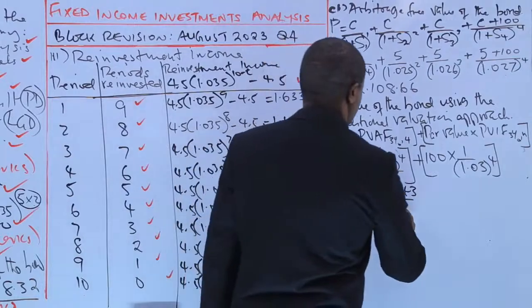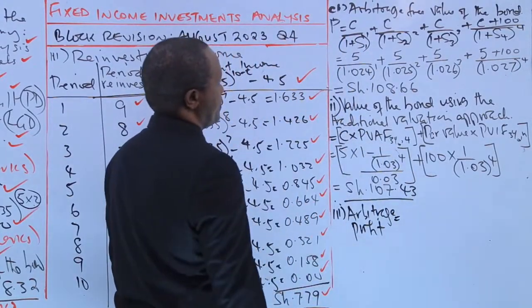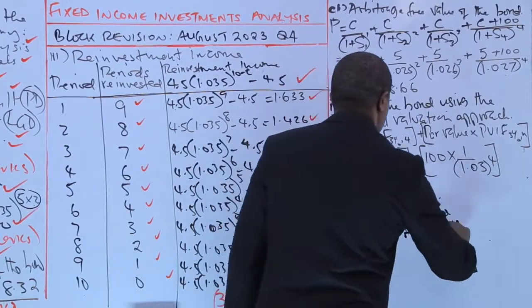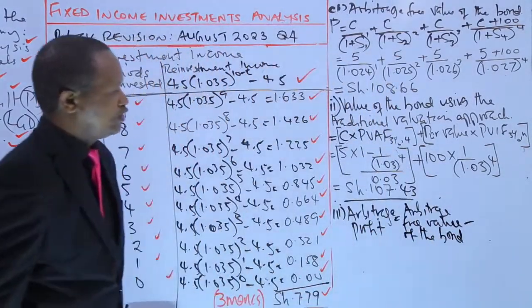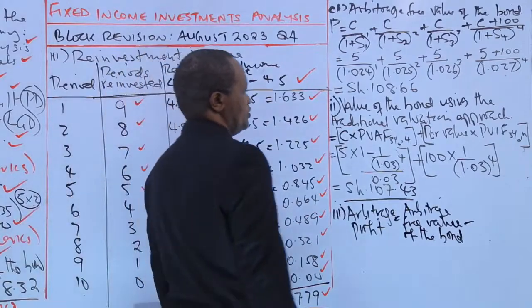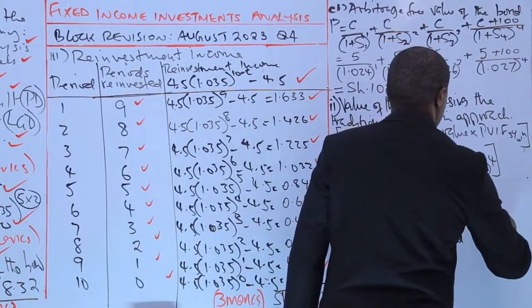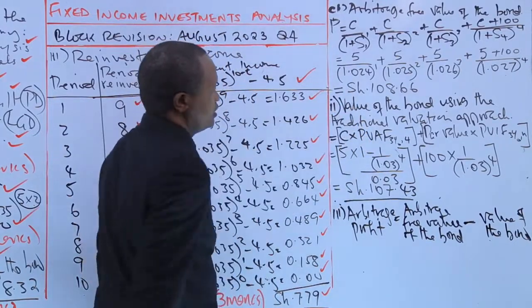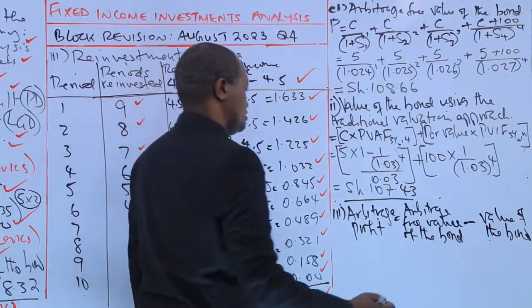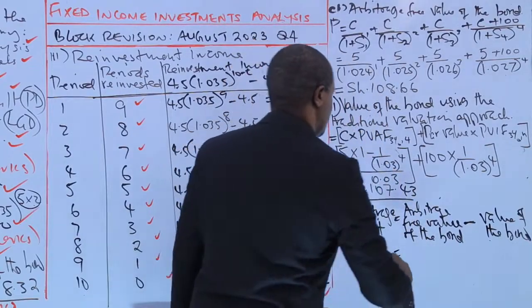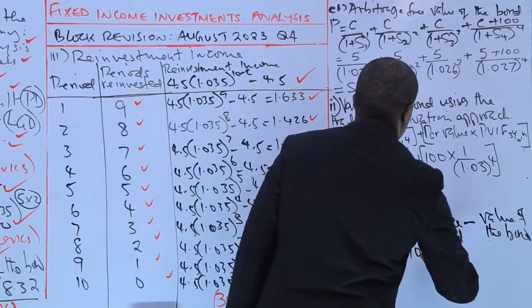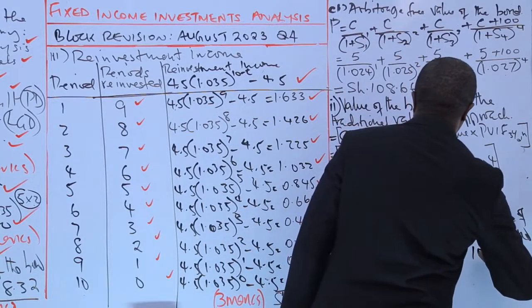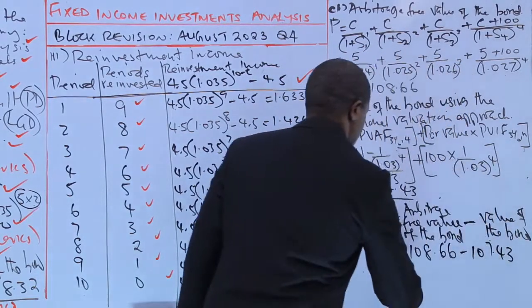So this will be equal to the arbitrage free value of the bond minus the value of the bond, which is equal to 108.66 minus 107.43.